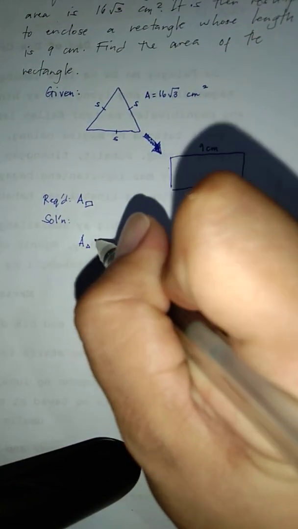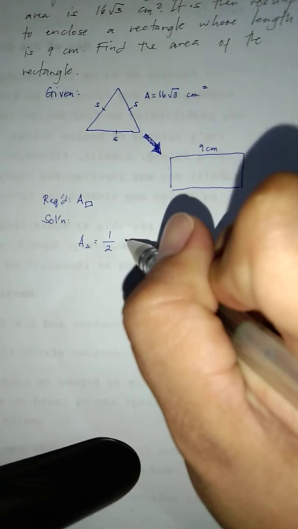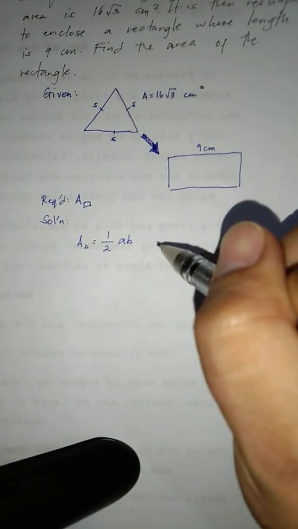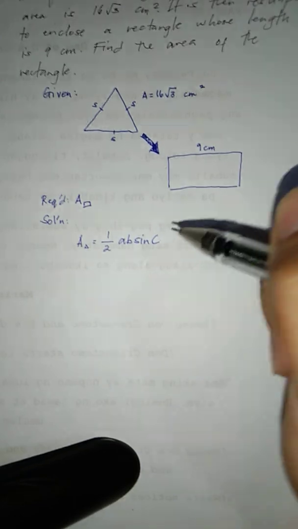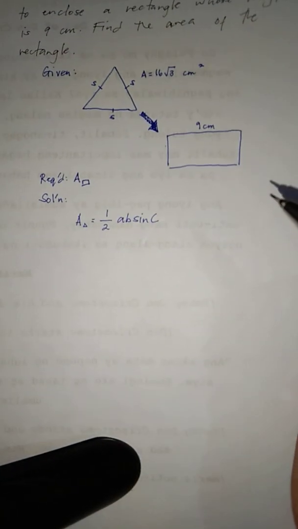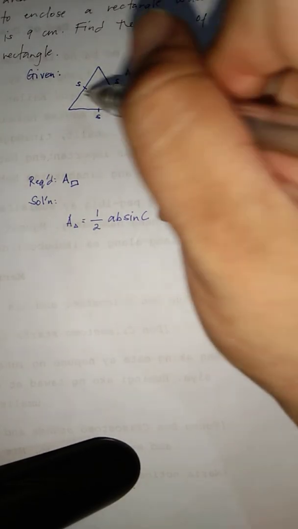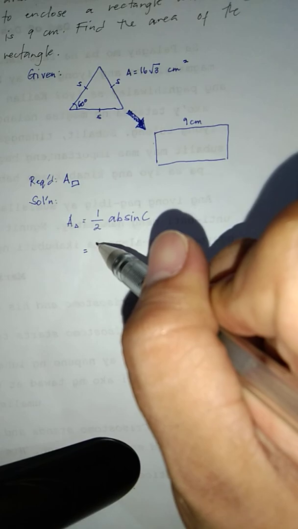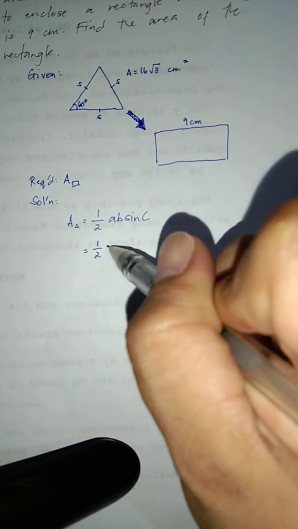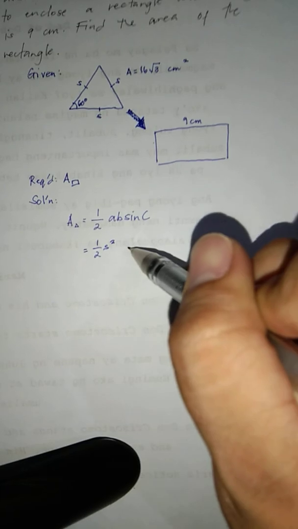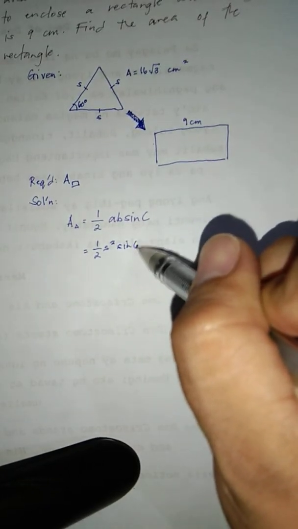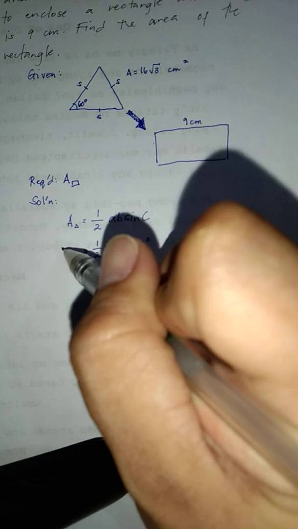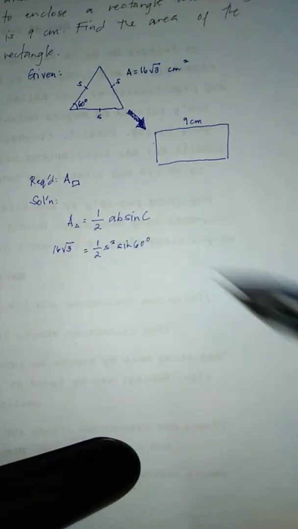The area of the triangle is again 1/2 AB sine C. Now remember, in an equilateral triangle, all angles are equal to 60 degrees, and all sides are equal. So we have 1/2 times S times S, which is S squared, times sine of 60 degrees, equals 16 square root of 3.